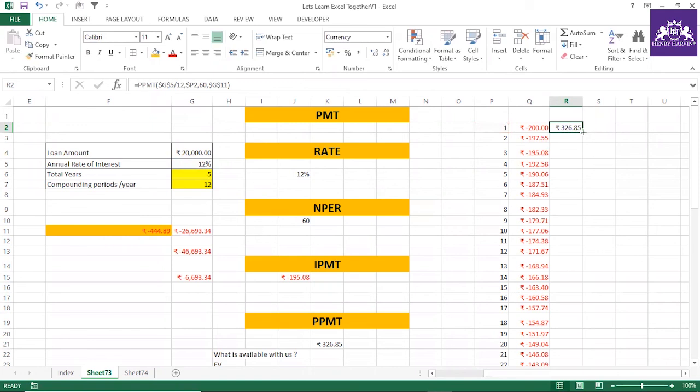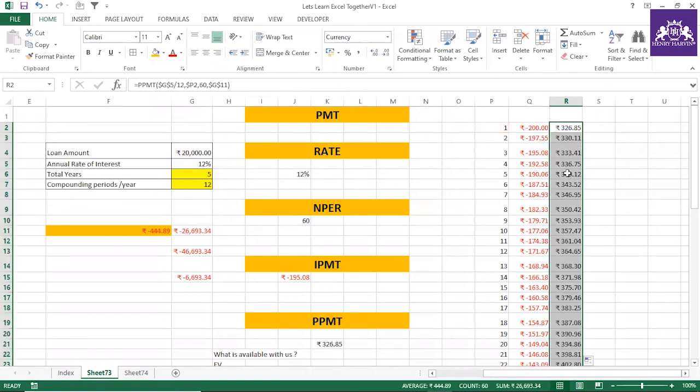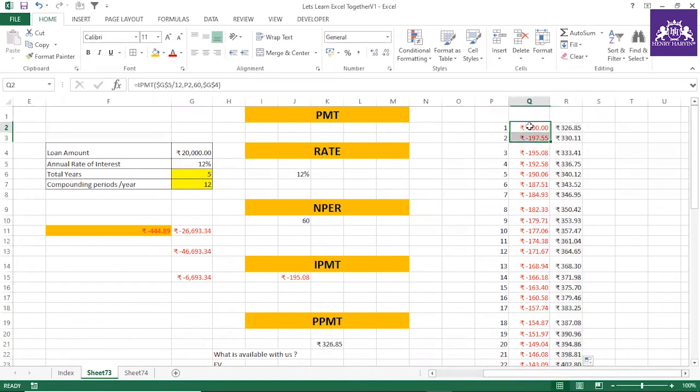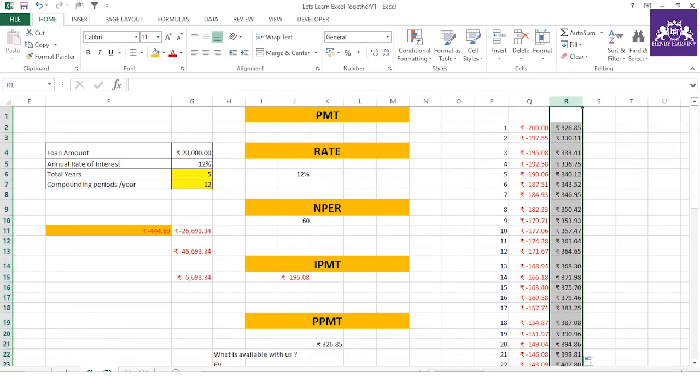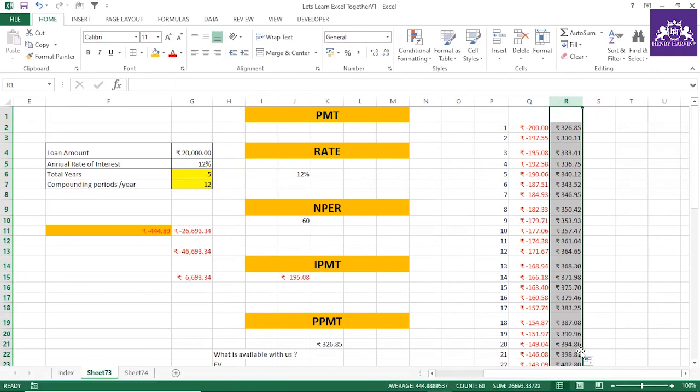So this is the amount I'm getting. This is the interest, and this is the amount. You can see the total value is 26693. All right, 26693 is the interest, and now this is the amount.